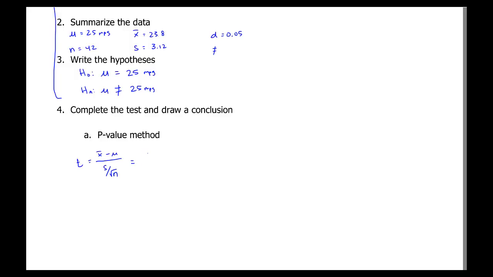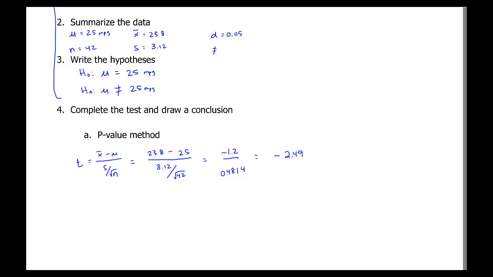So our sample mean is 23.8. The claimed mean for the population is 25. Sample standard deviation 3.12 divided by the square root of n, which is 42. And we get negative 2.49.